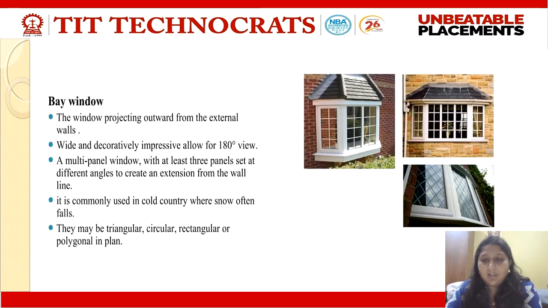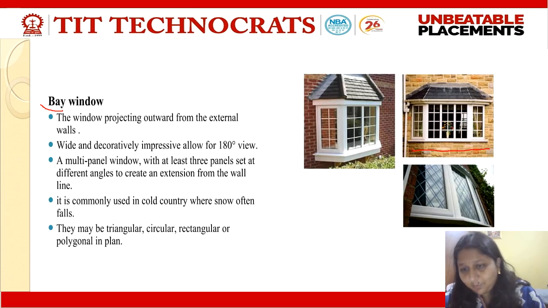Then comes a window that is aesthetically very good, called a bay window. What is a bay exactly? If you observe the figure, this is the wall of the house. Generally a window is provided inside the wall, but this type of window comes outside your wall.